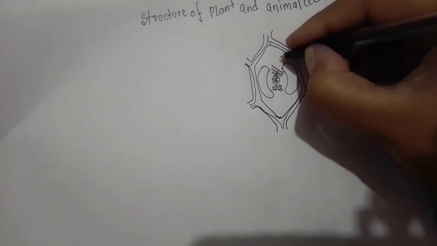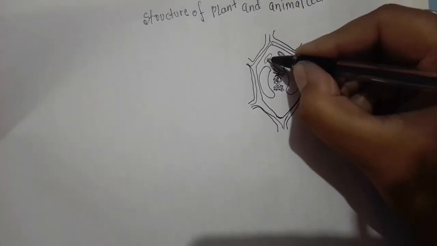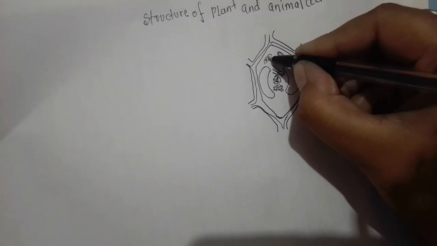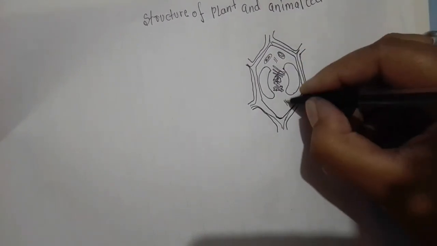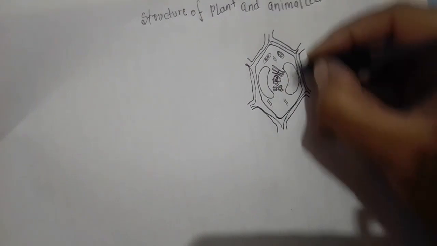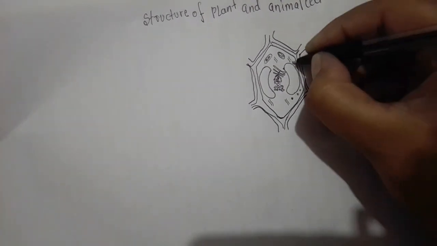Clear? Next we have structures known as the mitochondria. Next we have the chloroplast. Next we have the microtubules. Next we have the ribosome.